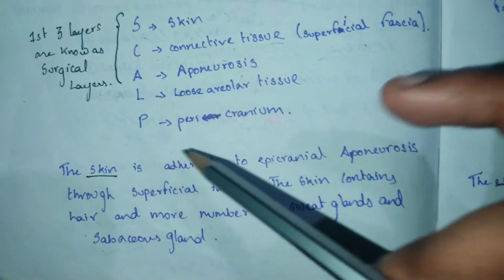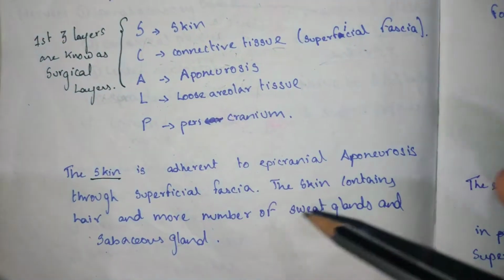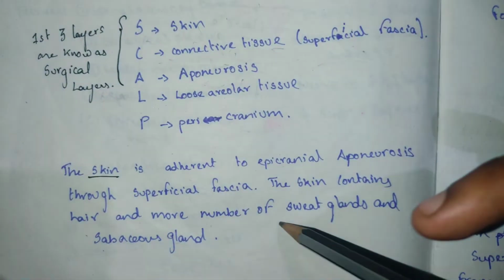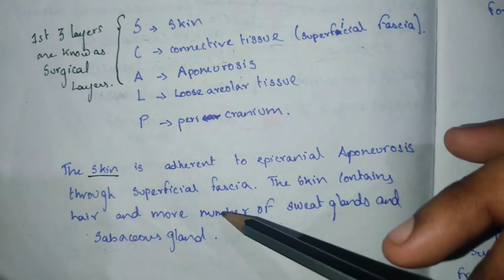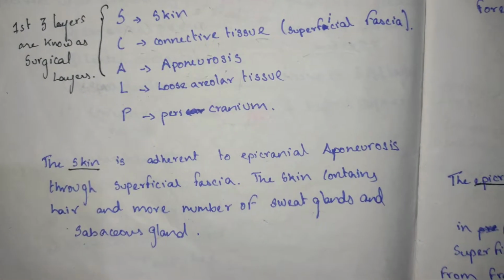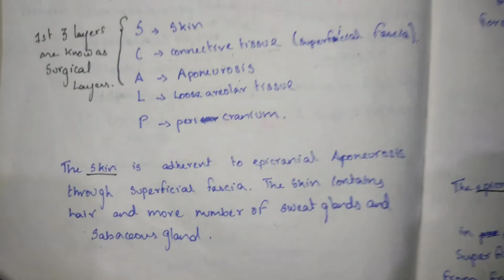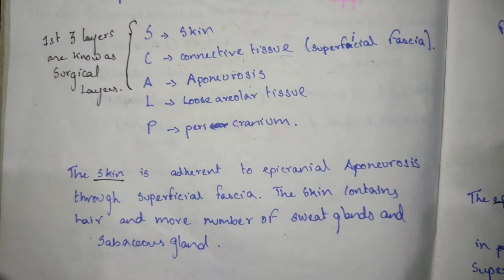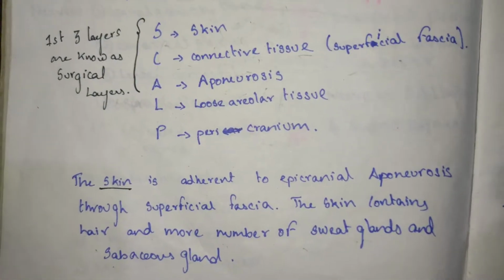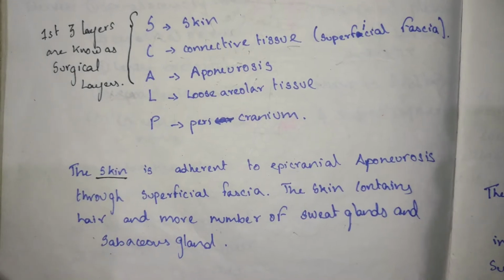The skin contains hair and a large number of sweat glands and sebaceous glands. Generally, skin contains hair, which we see on the hand, as well as sweat glands because it sweats, and sebaceous glands.